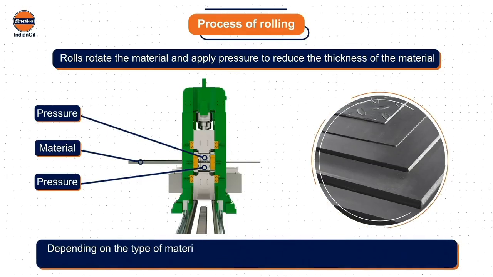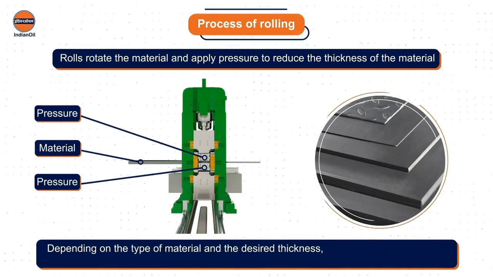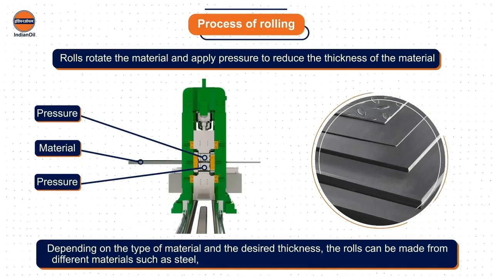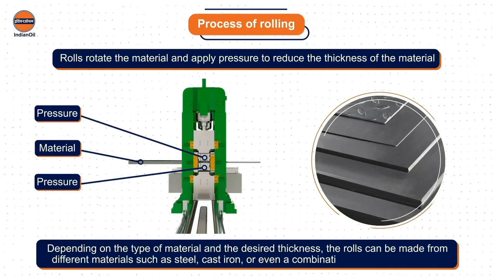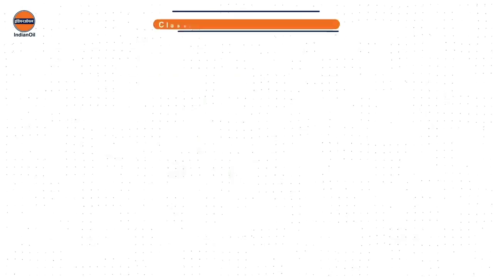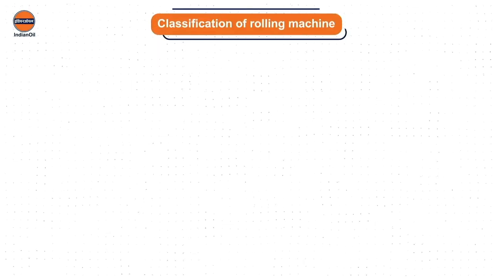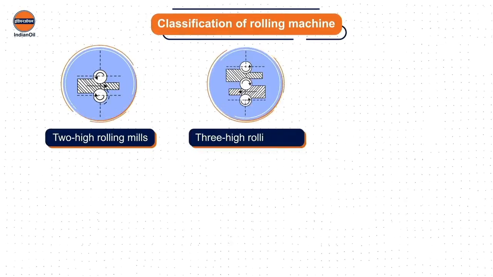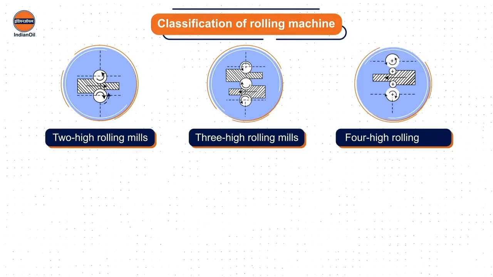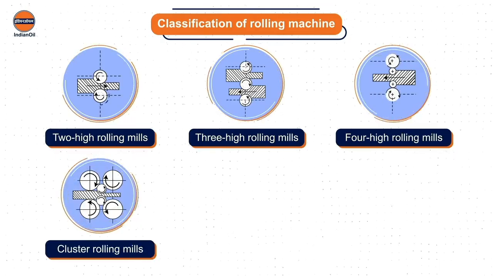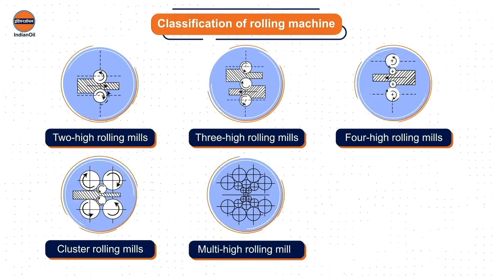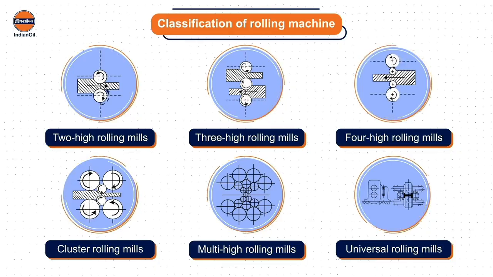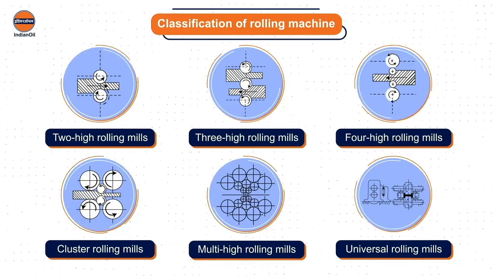Depending on the type of material and the desired thickness, the rolls can be made from different materials such as steel, cast iron, or even a combination of different materials. These rolling machines can be classified into 2 high rolling mills, 3 high rolling mills, 4 high rolling mills, cluster rolling mills, multi-high rolling mills, and universal rolling mills based on the application and number of rollers used.